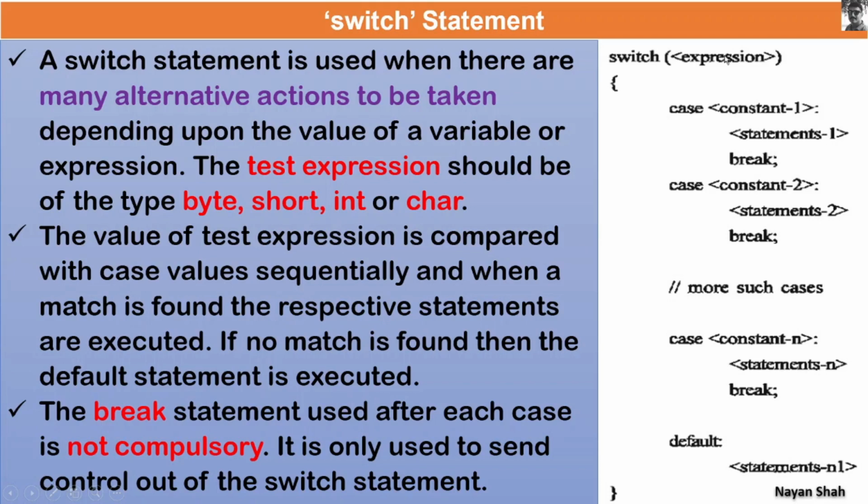So if a match is found here in case constant 2, then statements 2 will be executed. If it is found in case n, these statements will get executed. And if it is not found in any one of these cases, it goes to default. So if no match is found, then the default statement is executed.